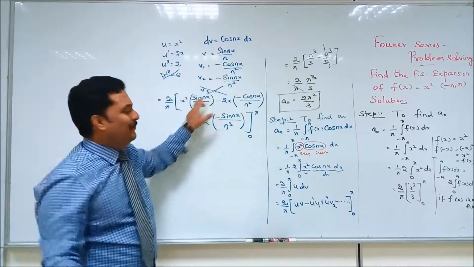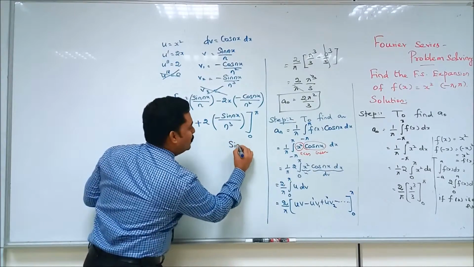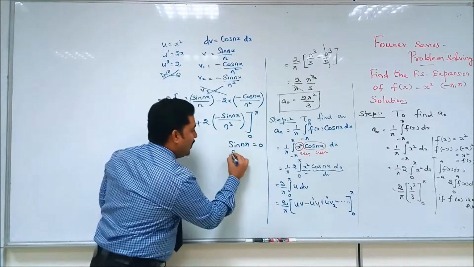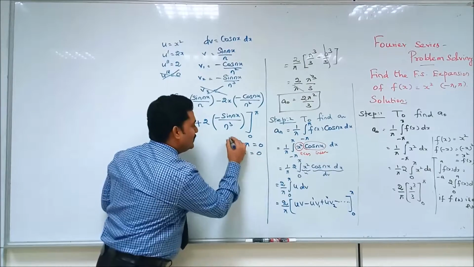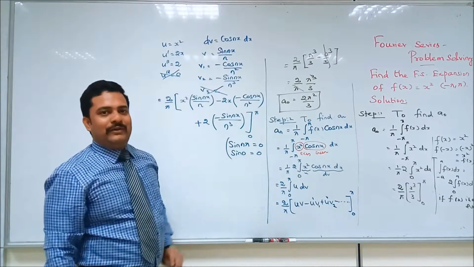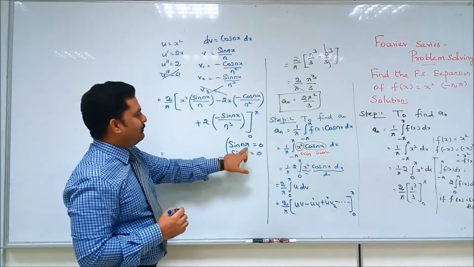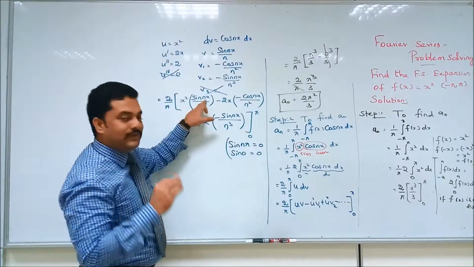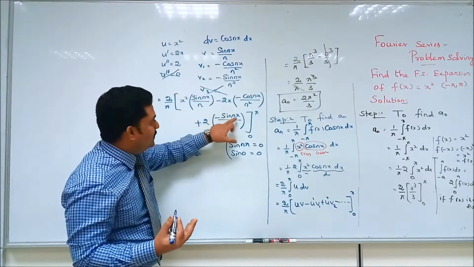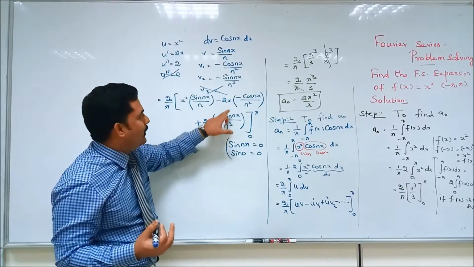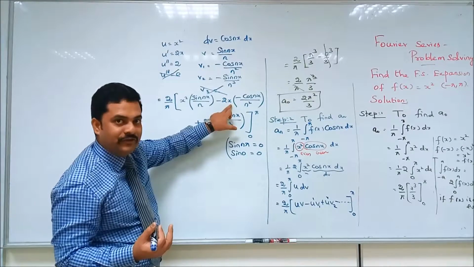That's good, 0. So the value of sine n pi is equal to 0. What is the value of sine 0? 0. Okay, so if you substitute pi, this term becomes 0. If you substitute pi, this term becomes 0. So in your upper limit only you are left with this term.